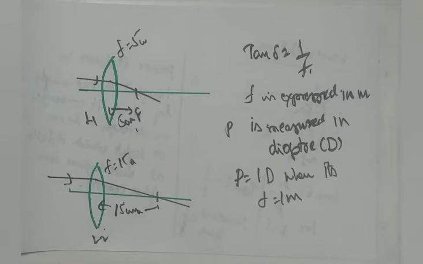Many students make mistakes when calculating the power without converting the focal length into meters, because many times in the numericals they give it in centimeters or in other units. To write it in diopters, one must convert focal length into meters only. That's a very important thing.